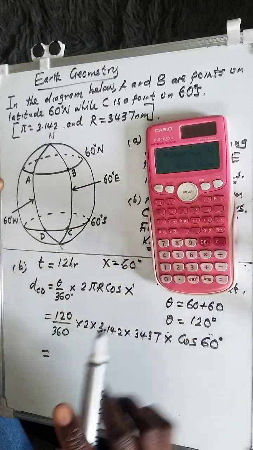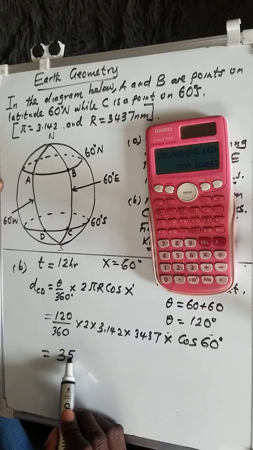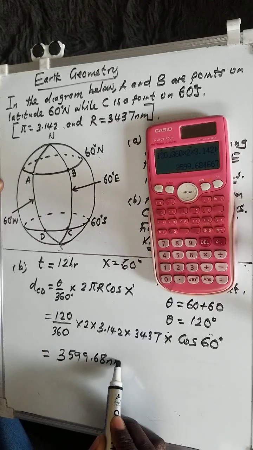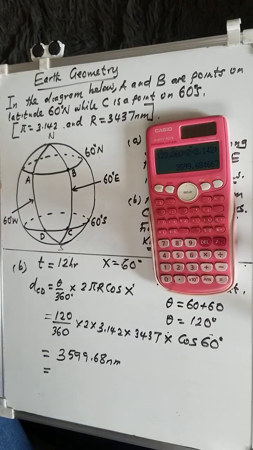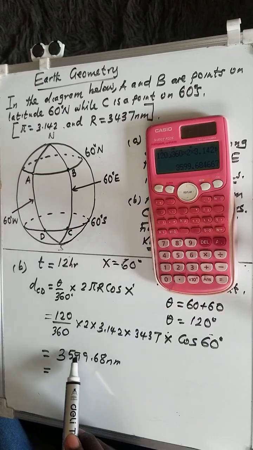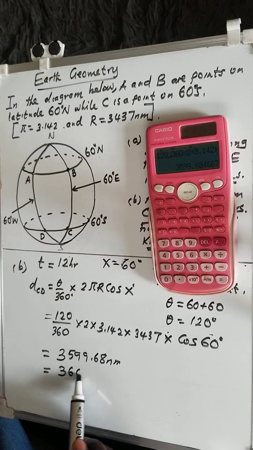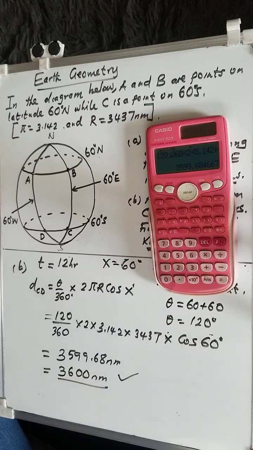So what is that going to give us? It is giving me 3,599.68, that is to 2 decimal places, but of course I can leave it to a whole number. That would be 3600 nautical miles.